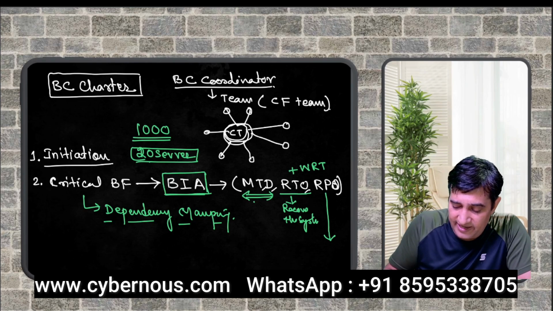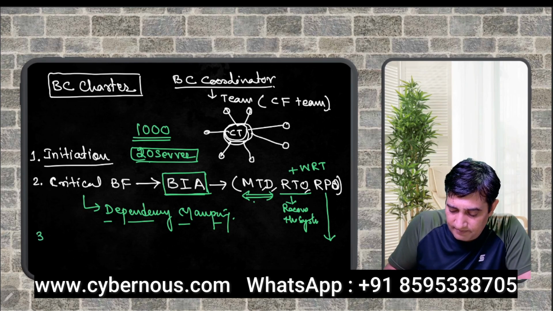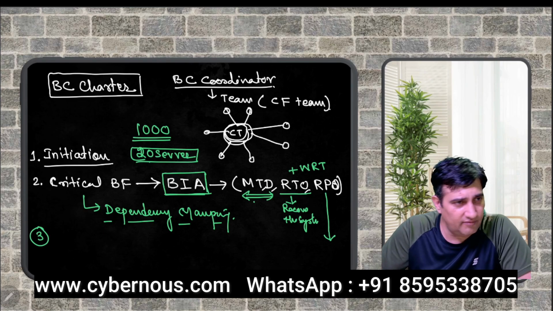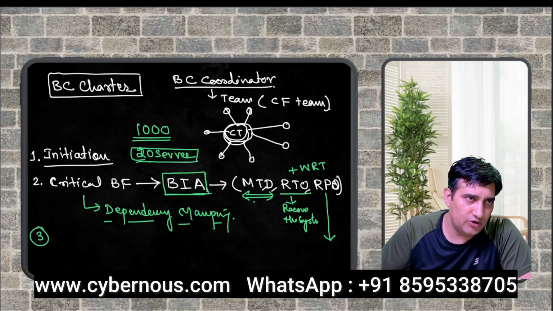Once you decide, okay, I have done my BIA, there is a lot of data now available to me as part of the entire program, and now you need to take the next step. What are you going to do?